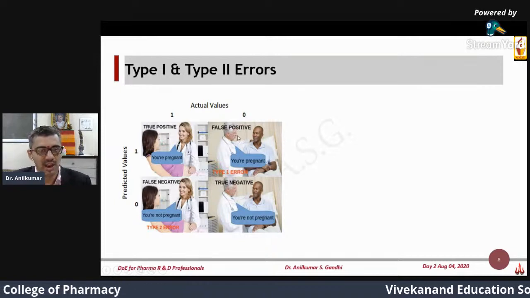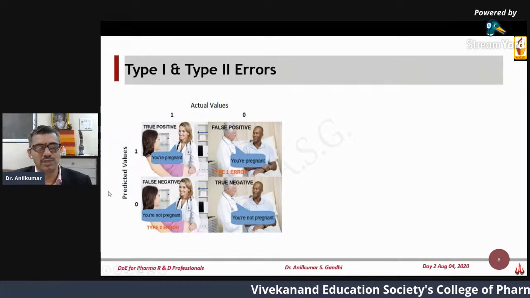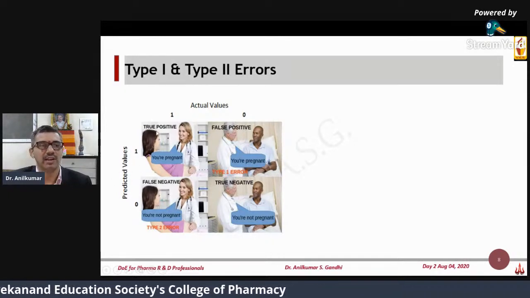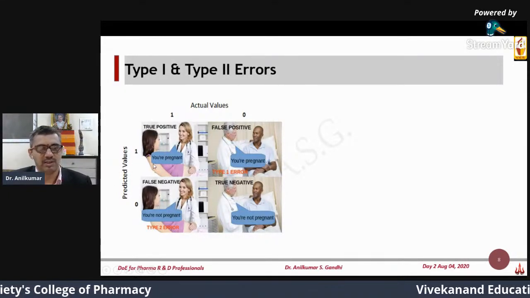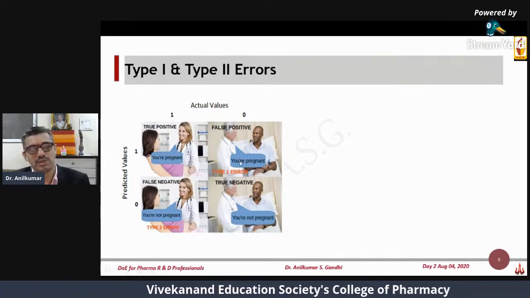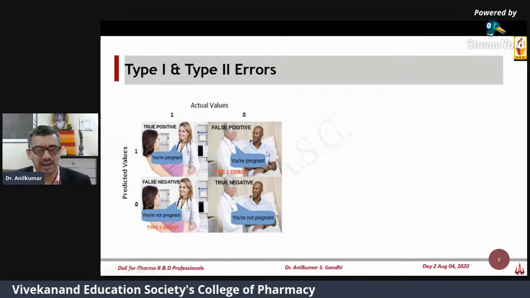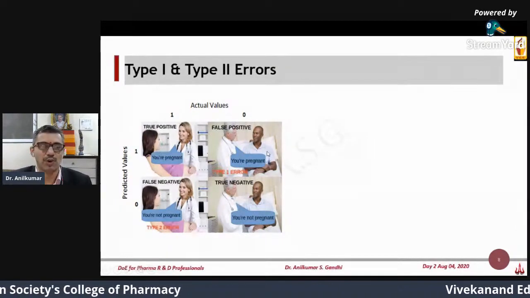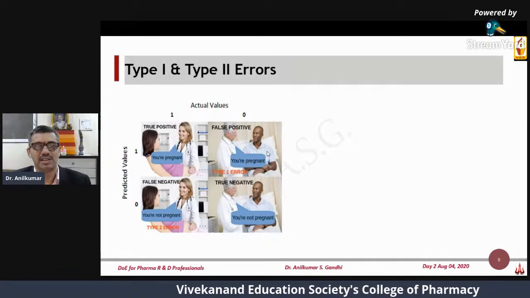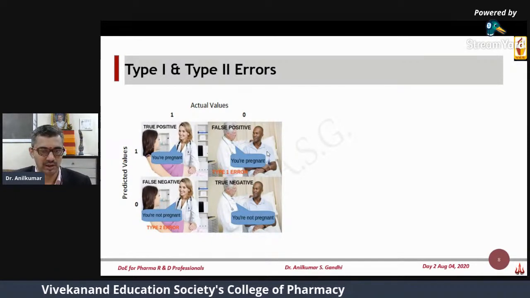But suppose you have used a testing kit which shows that the lady is pregnant. Perfect, that's what it should be. But it also shows that the man is also pregnant, which is not the case. So the false positive result that you get is called a type 1 error.